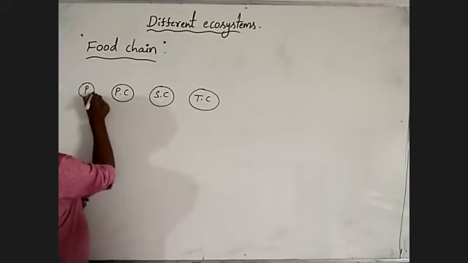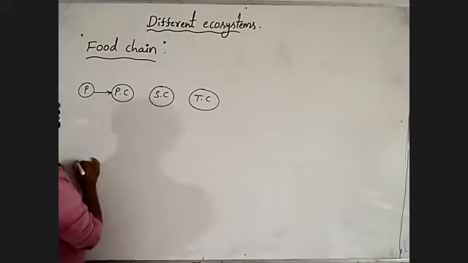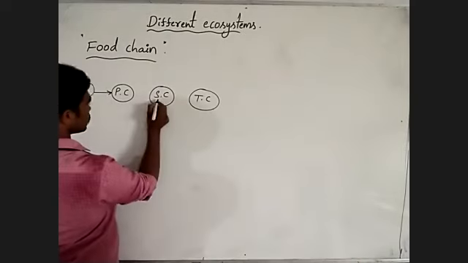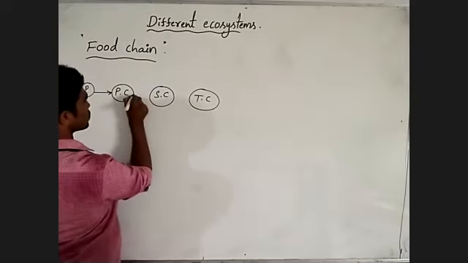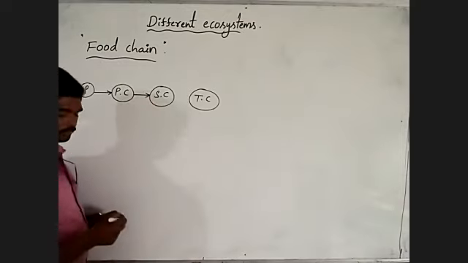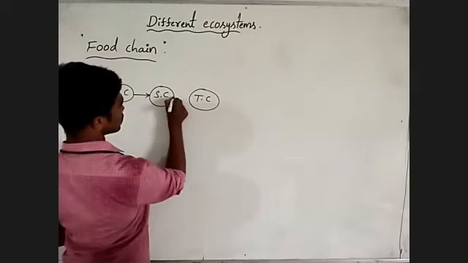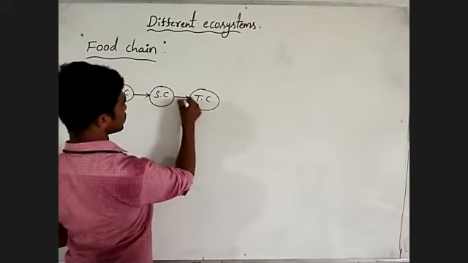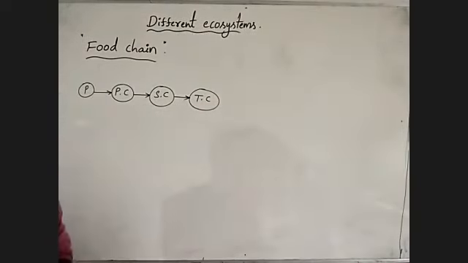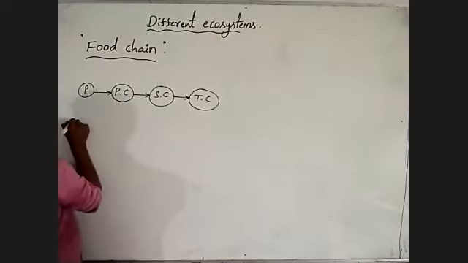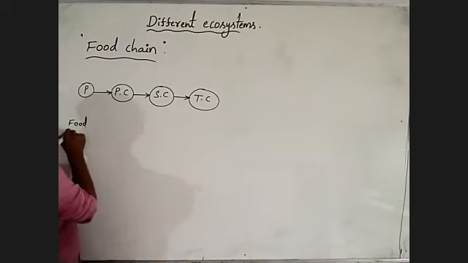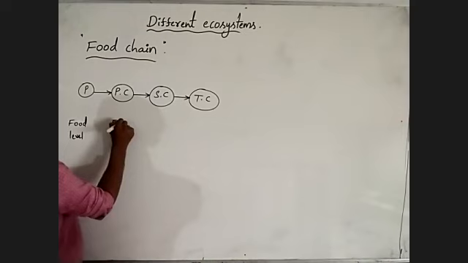Primary consumers eat producers, secondary consumers eat primary consumers, tertiary consumers eat secondary consumers. Observe carefully. This is a food level. This is another food level.